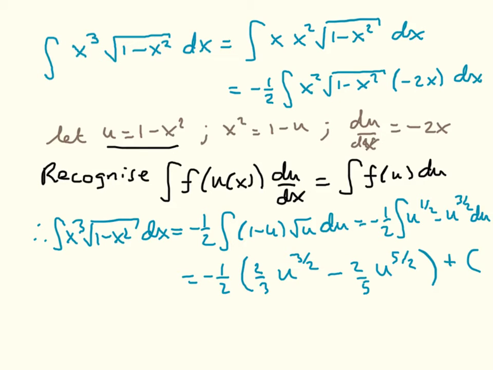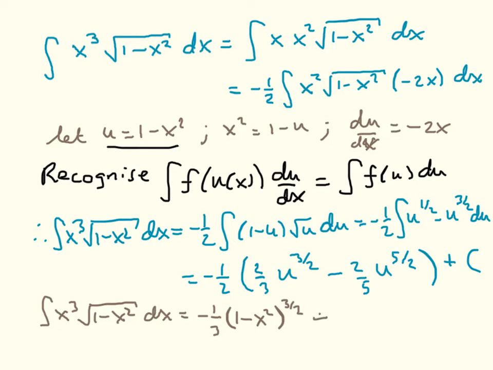So we can now expand this and tidy up and write our final answer. So the integral of x cubed square root of 1 minus x squared with respect to x is going to be, so it's minus a half times 2/3, so that's minus 1/3, and u is 1 minus x squared, so this is 1 minus x squared all to the power of 3/2.